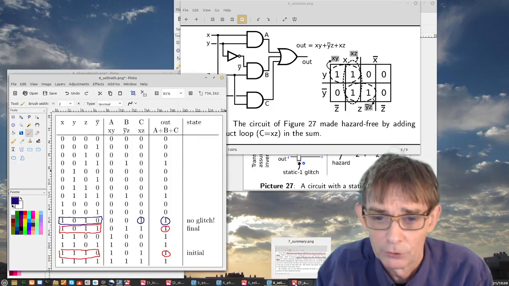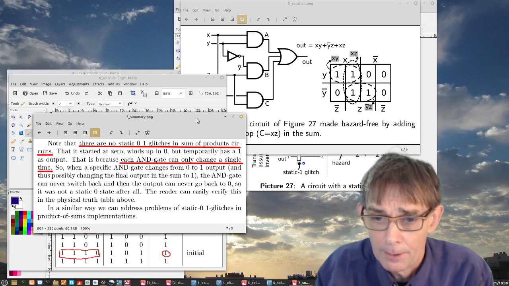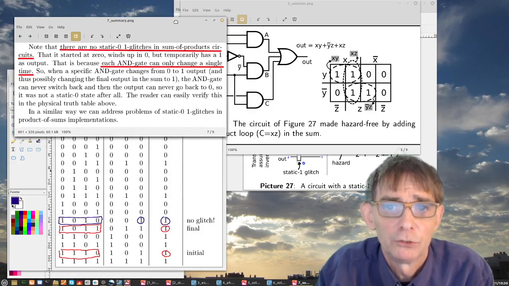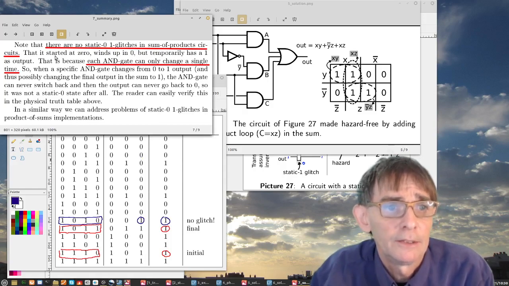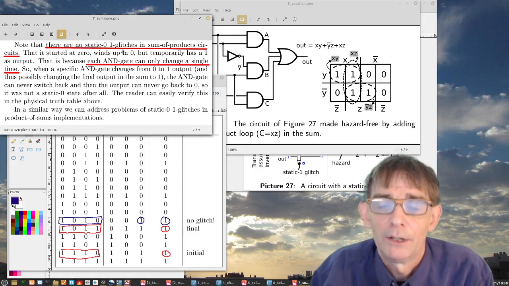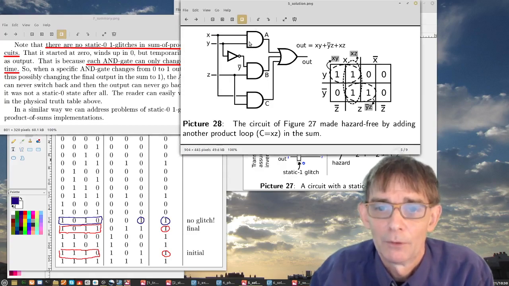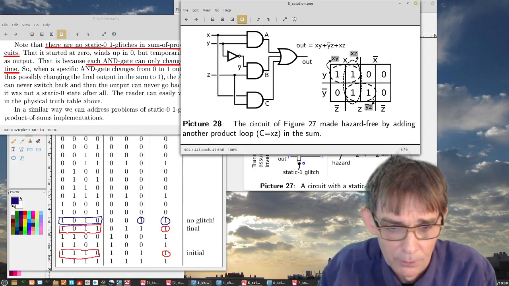So we have here this solution, and then I want to mention one more thing which I didn't find in other textbooks, that there are no static 0, 1 glitches. So a circuit like this, or actually the original, let me go back to the original.